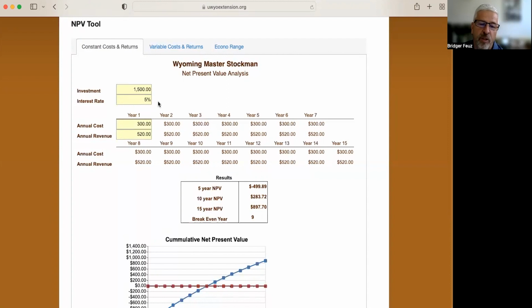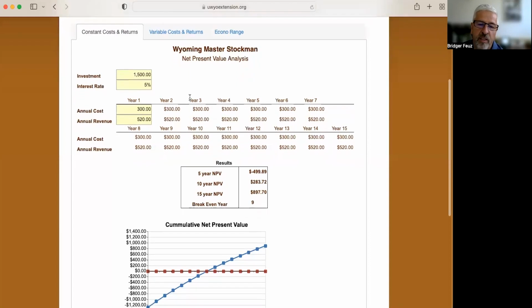So if the investment you're looking at has a lot of risk associated with it, you might use whatever interest you are paying, but also add additional to this rate to account for risk. So for a risky investment, maybe you would use a 10% interest rate instead of this 5% interest rate. Certainly at the time we're making this video, interest rates are climbing. And so, you have to take into account those things as well.